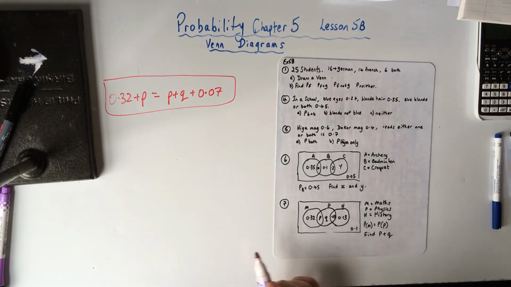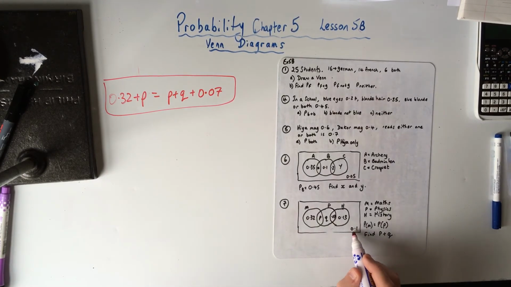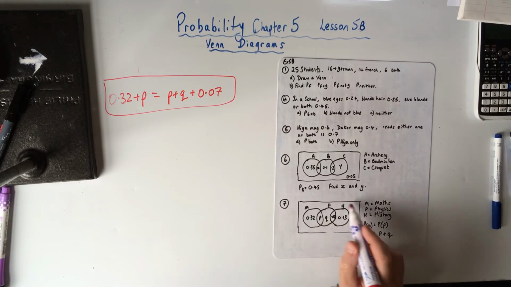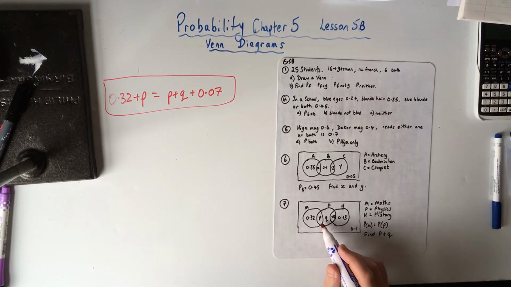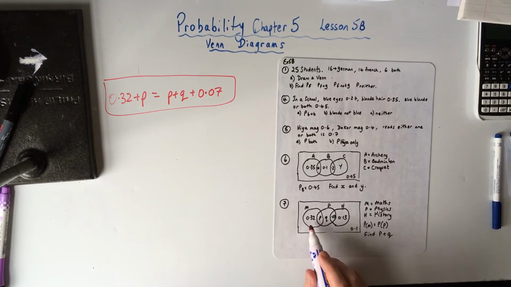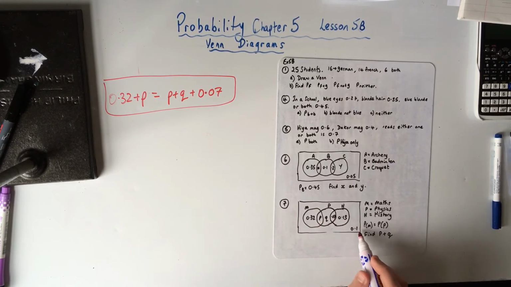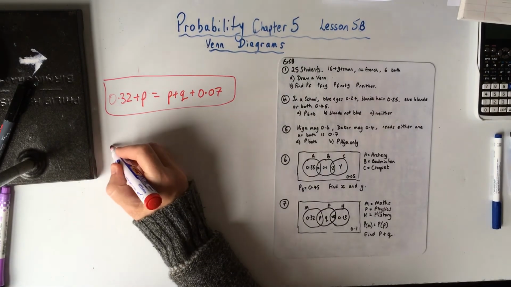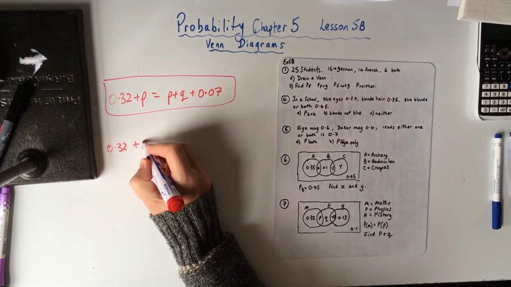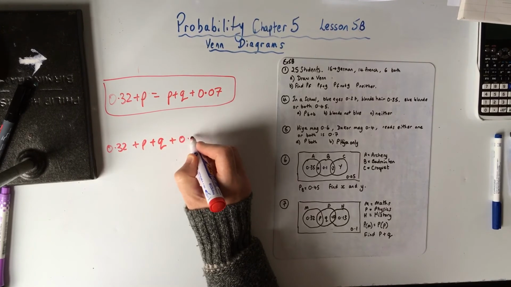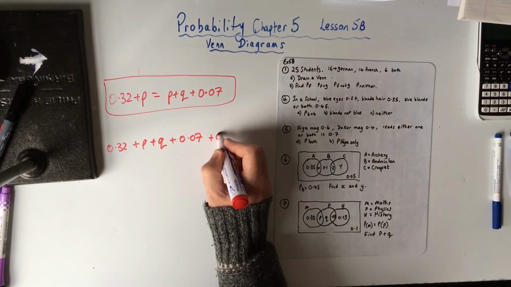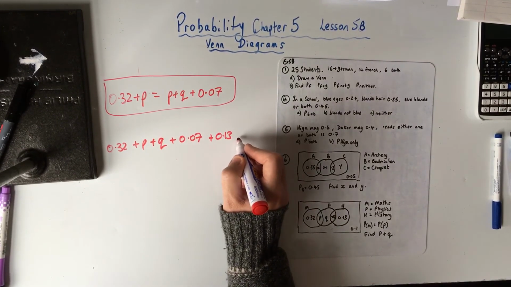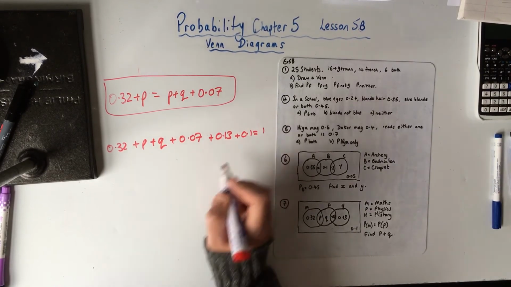But you've got to find p and q, but you also know that if 0.1 is on the outside there, then all of that in the middle is 0.9, isn't it? Everything in there adds up to 1, so you can form an equation: 0.32 plus p plus q plus 0.07 plus 0.13 plus 0.1 is equal to 1.